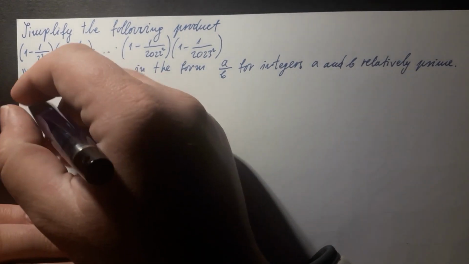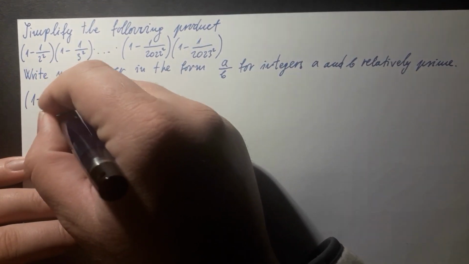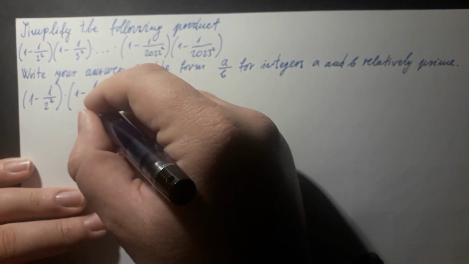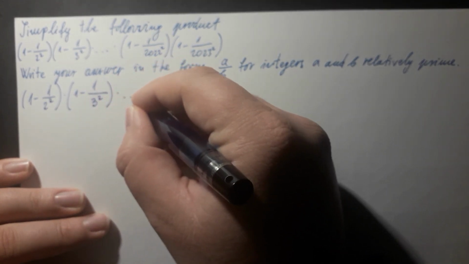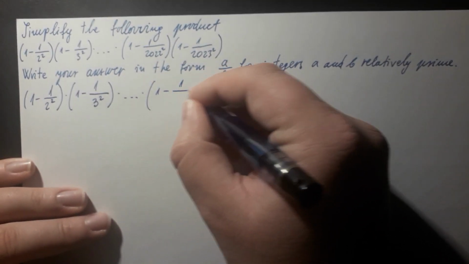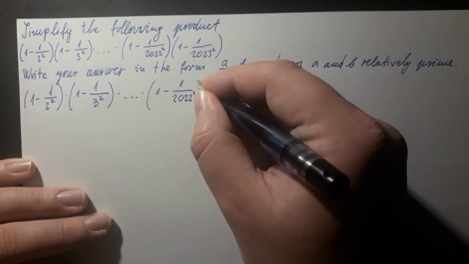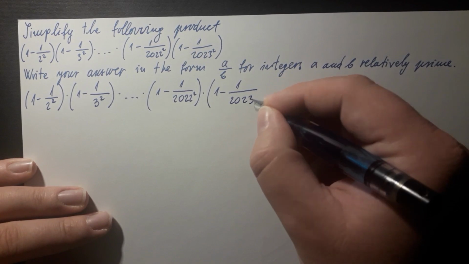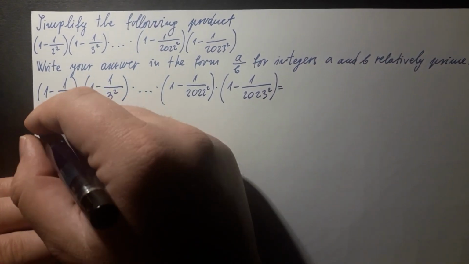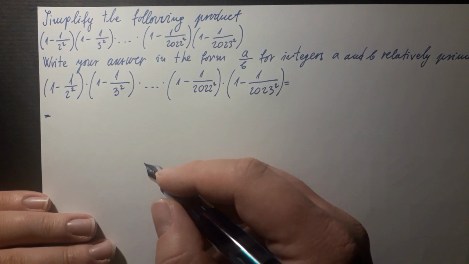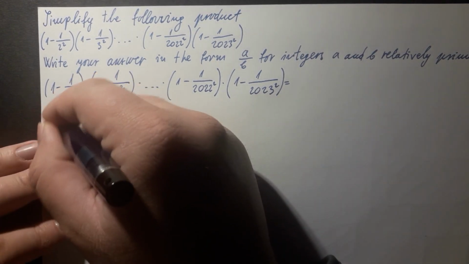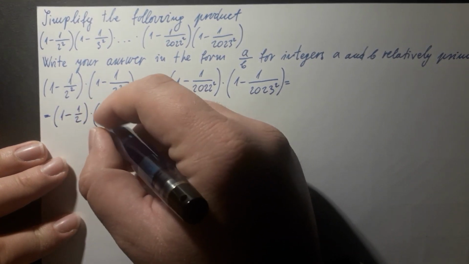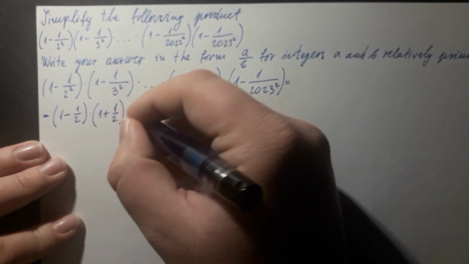So let's start. 1 minus 1 divided by 2 squared times 1 minus 1 divided by 3 squared times and so on, 1 minus 1 divided by 2022 squared times 1 minus 1 divided by 2023 squared. This is equal to... We are going to use a difference of squares formula to solve this. So we are left with 1 minus 1 half times 1 plus 1 half.